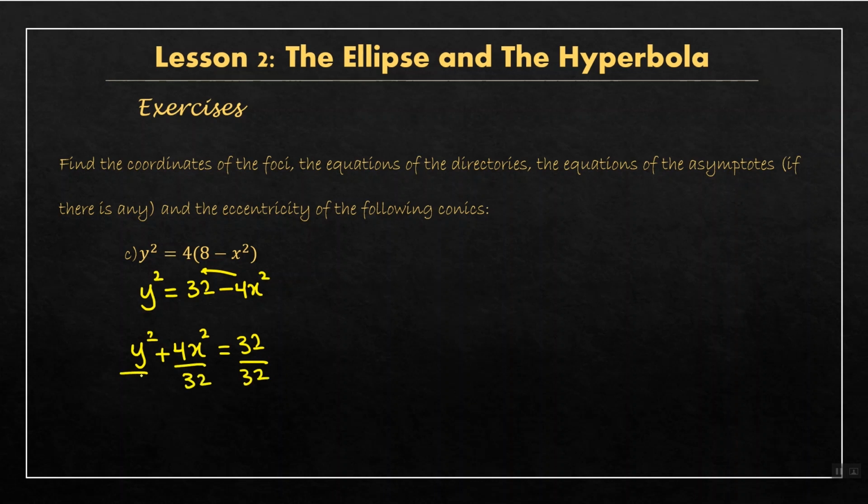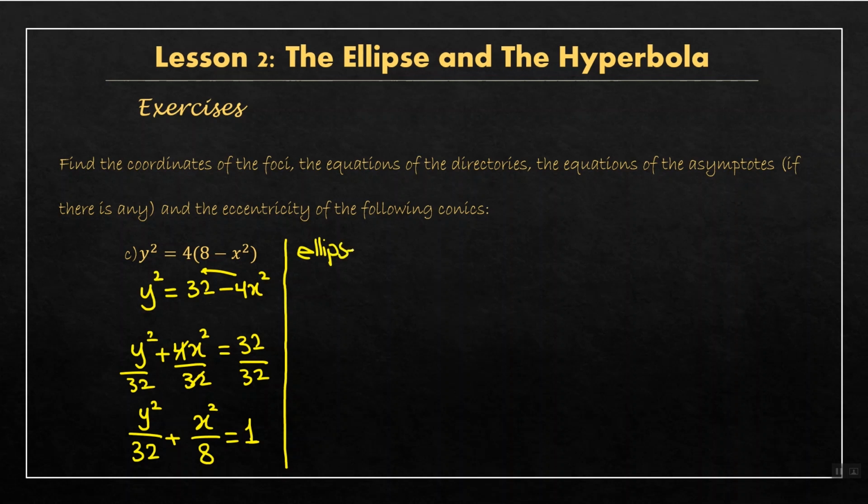So divide by 32. I'll cancel 4 with 32. So I will get y squared over 32 plus x squared over 8 equals 1. Okay, so is this an ellipse or a hyperbola? It's an ellipse because we have a plus, not a minus. So it's an ellipse.